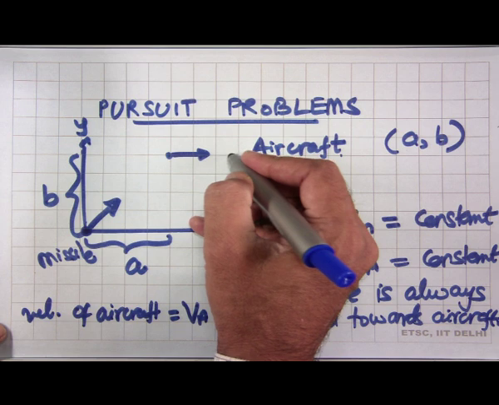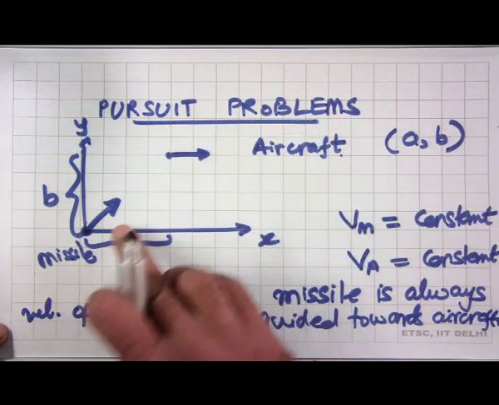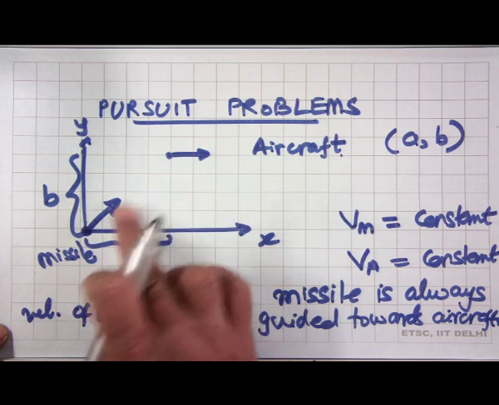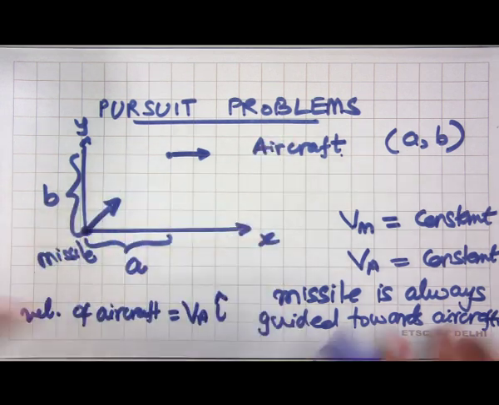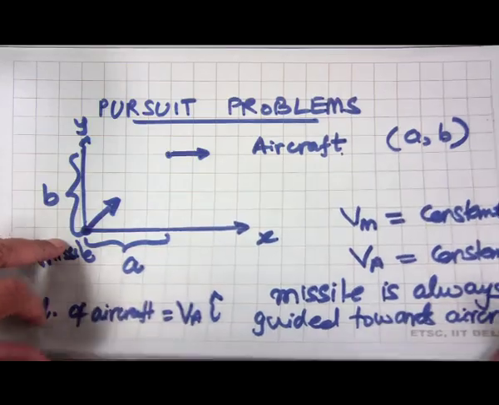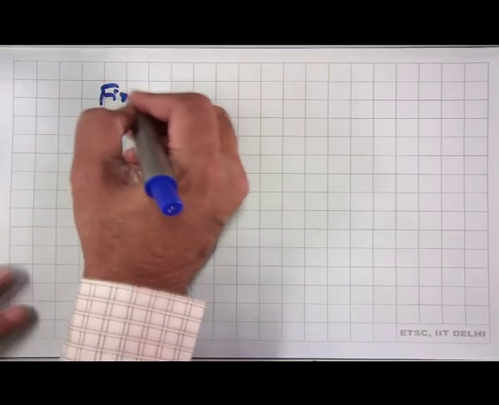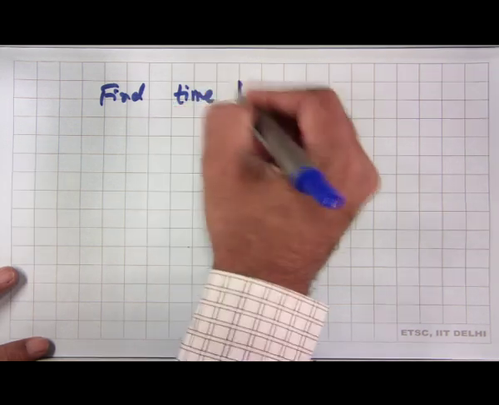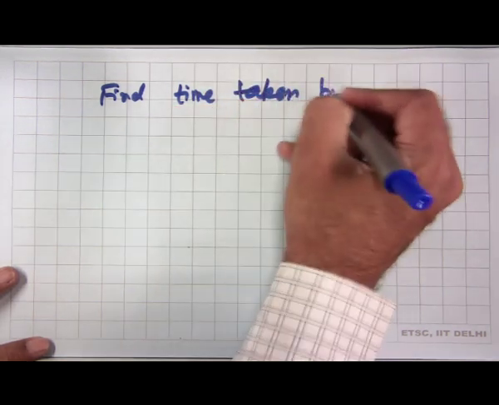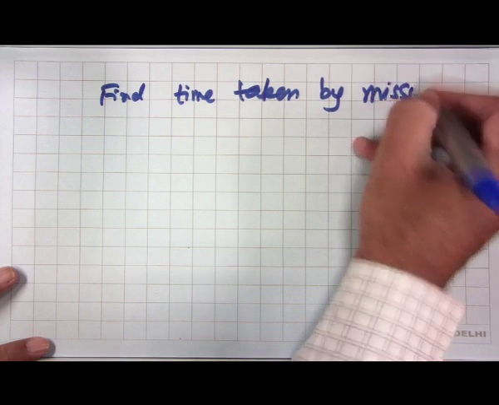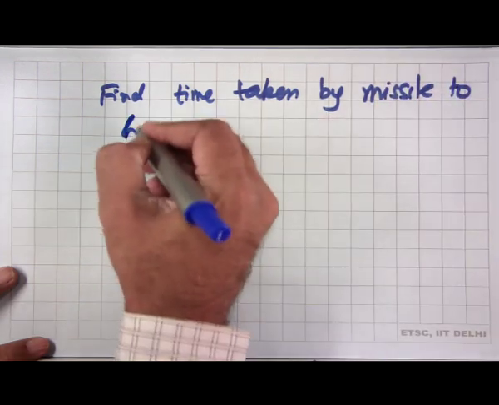That means, when the aircraft goes to the next location, the missile will appropriately change its direction, so that it is always going towards the aircraft. And here what we want to find is the time taken by the missile to hit the aircraft.